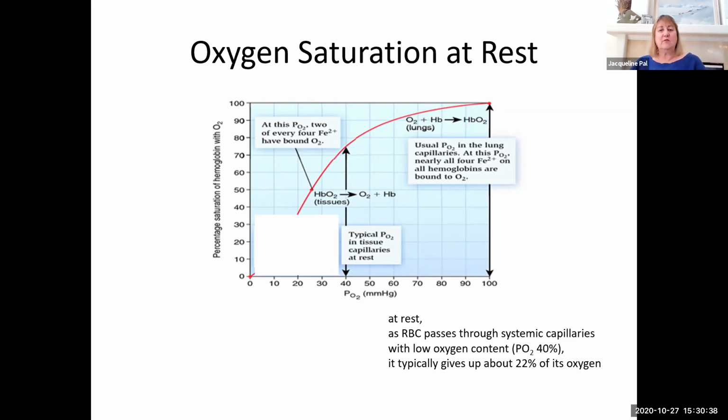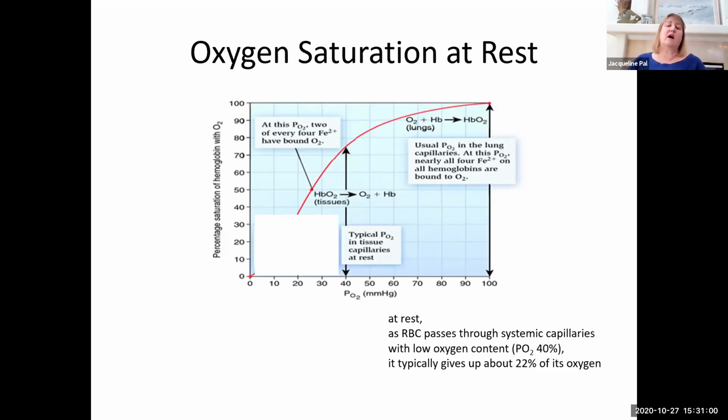That's the typical one, which means if you follow the 40 all the way up to where it intersects the red curve, you will see that right around 75% saturation still exists.